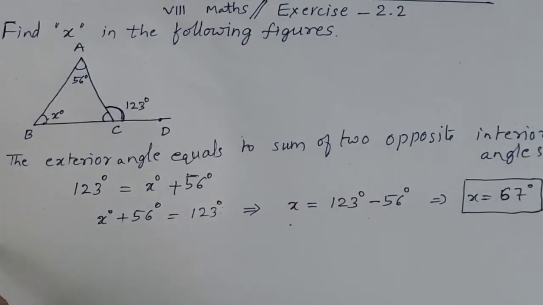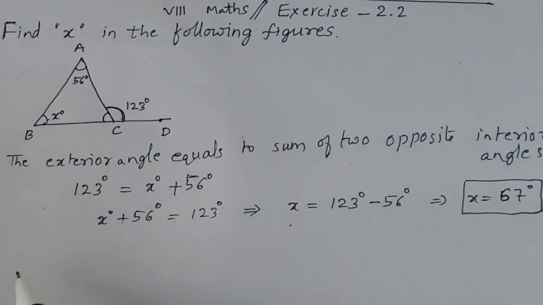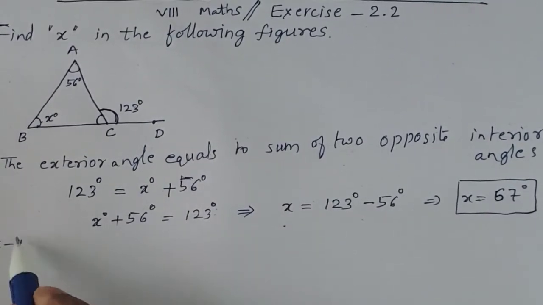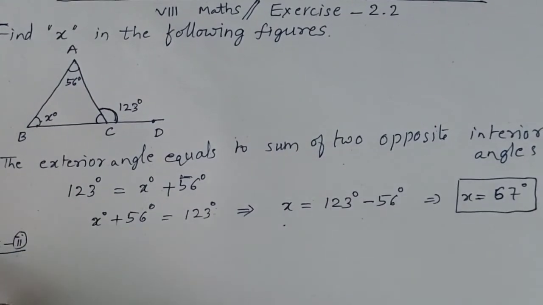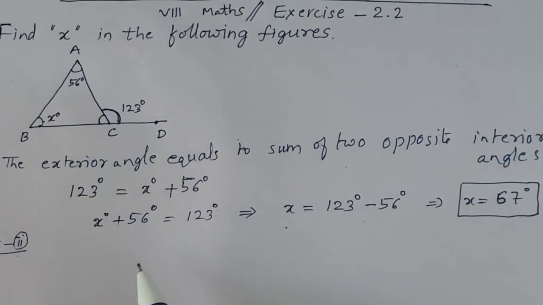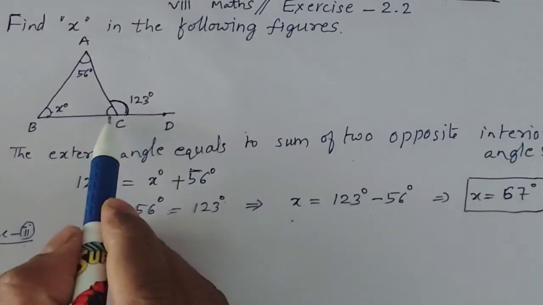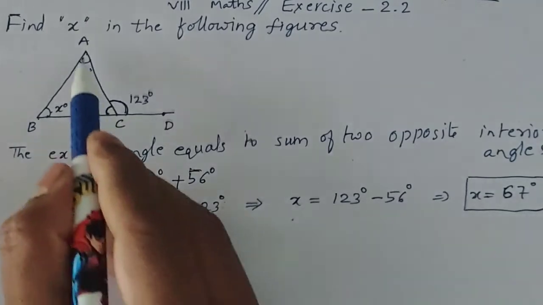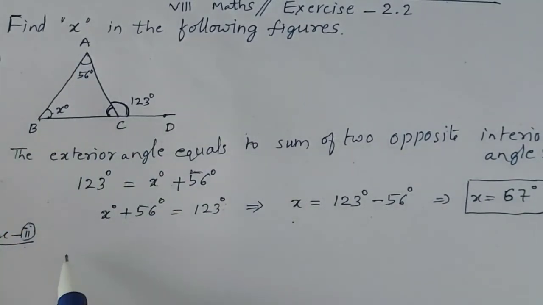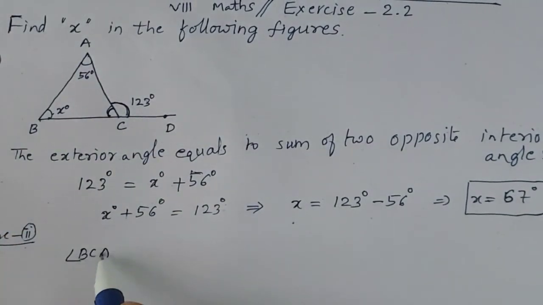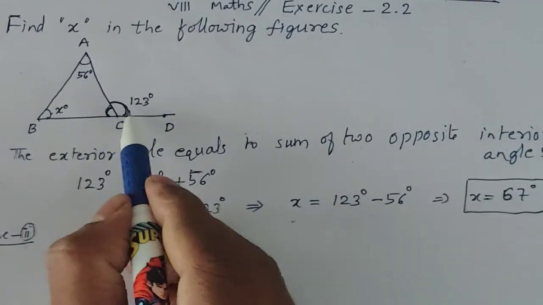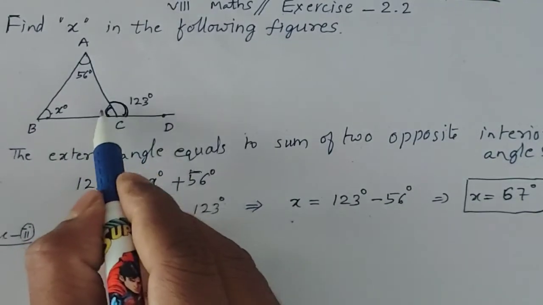And we can also solve this problem in another way, the second way. If you see the angle at C, that means angle BCA, this angle and the exterior angle are a linear pair of angles.